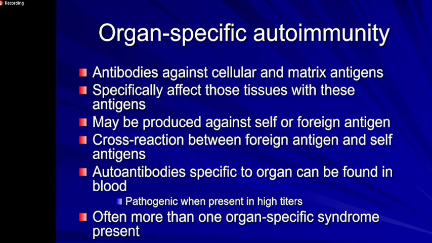Now, those antibodies will either target a component of the cellular matrix, or if there is a foreign antigen, they will be produced against that antigen and simultaneously target the cellular matrix. So the antibodies may be produced against either self or foreign antigen.